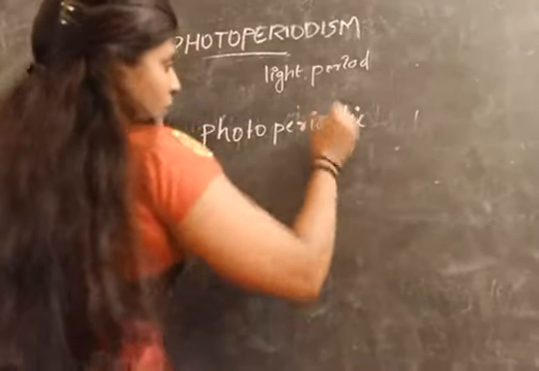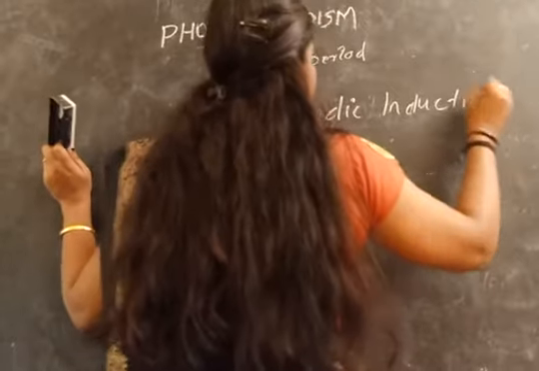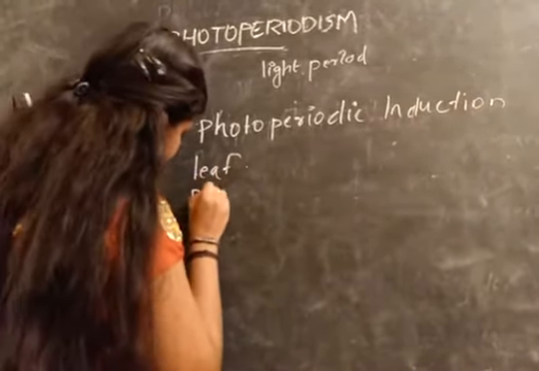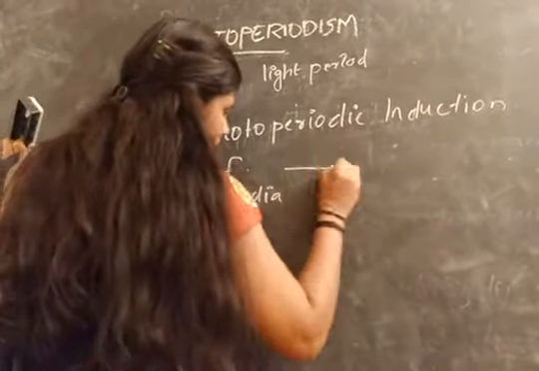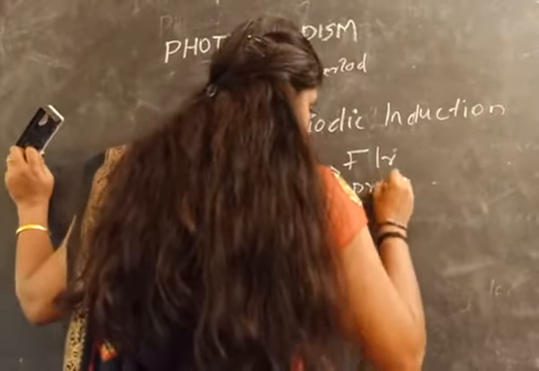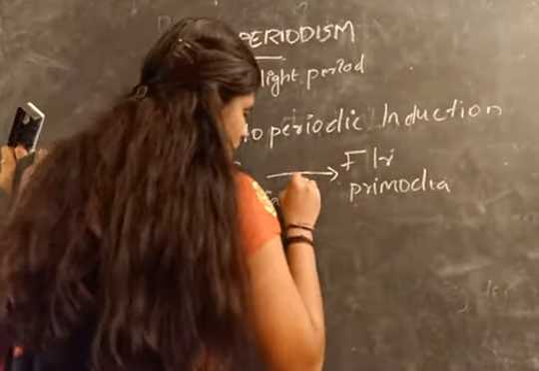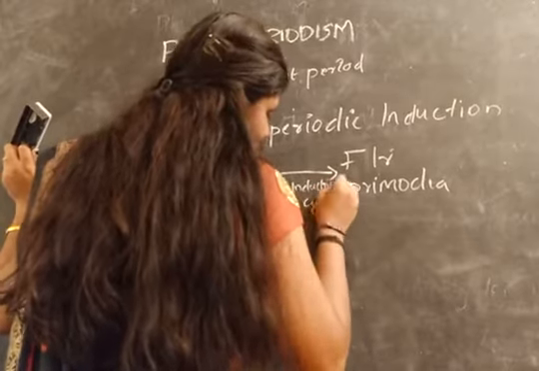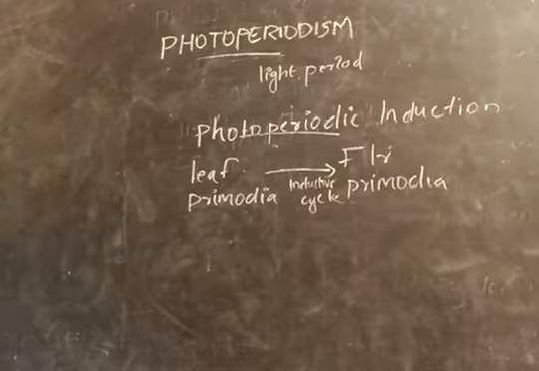The conversion of leaf primordia into flower primordia under the influence of inductive cycles is called photoperiodic induction.